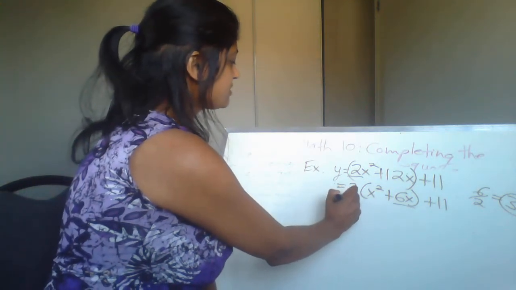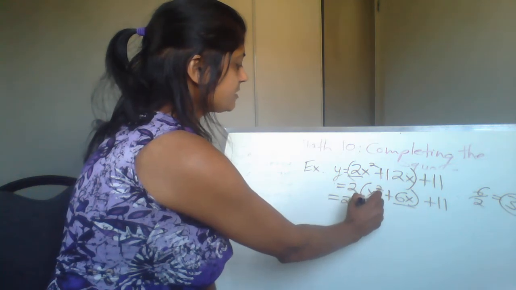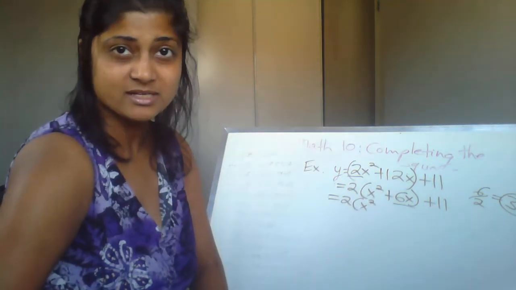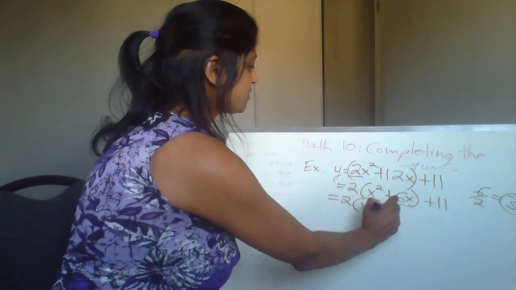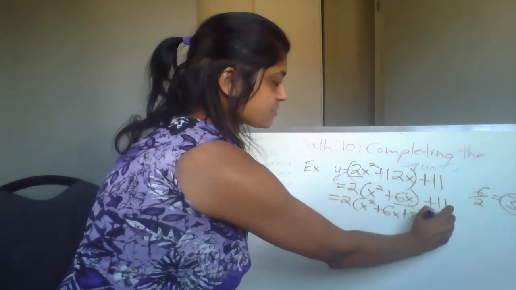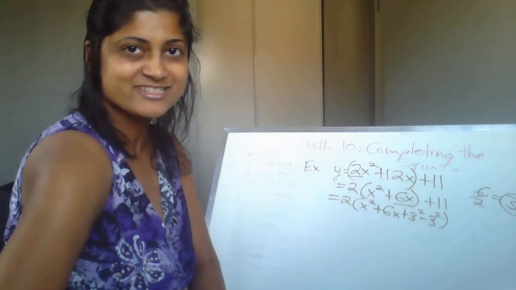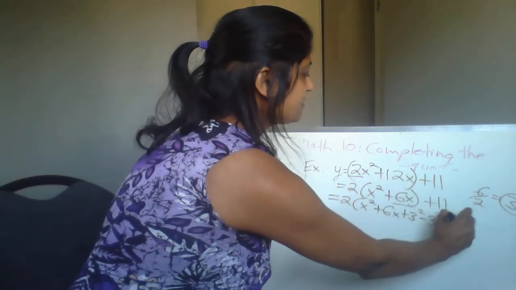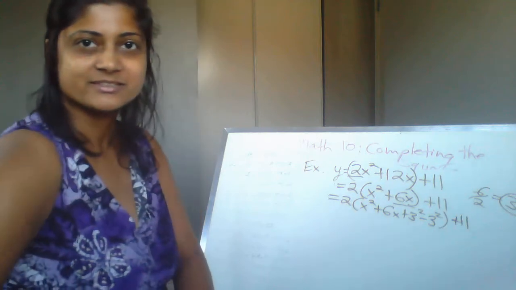So it's going to be 2, we're going to again add and subtract the perfect square. So I'm going to do plus 6x plus 3 squared minus 3 squared, and then close the brackets. And I'm keeping the plus 11 outside the brackets.